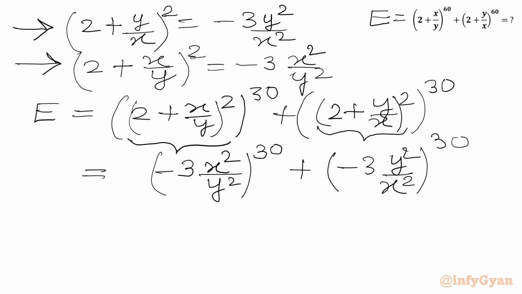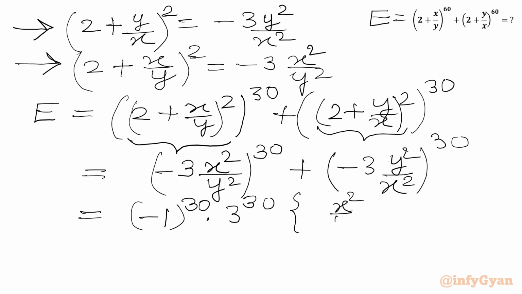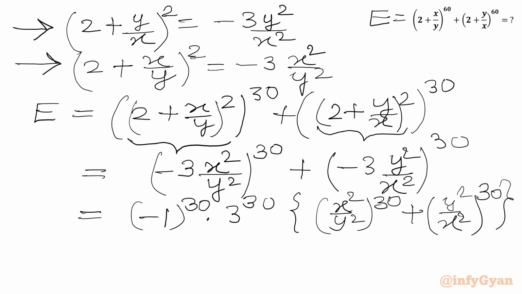Now power is even, so I can write here (-1)^30 common out times 3^30. So in the bracket we can write (x²/y²)^30 plus (y²/x²)^30, or we can write (-1)^30 will be 1, so 3^30.